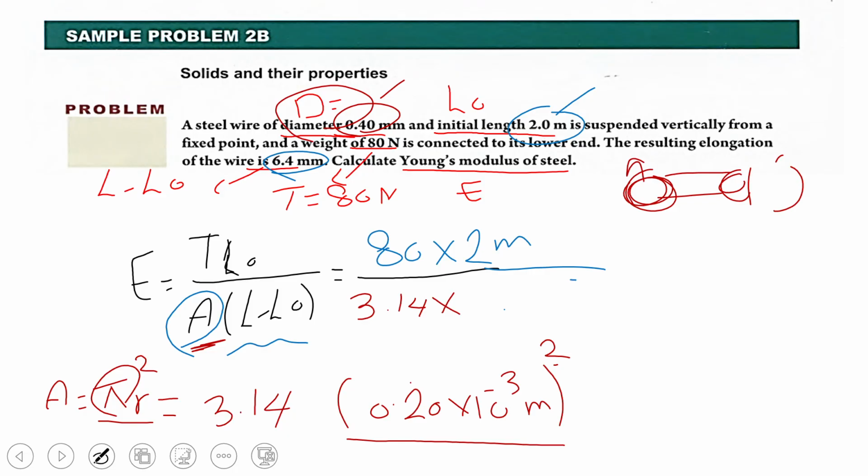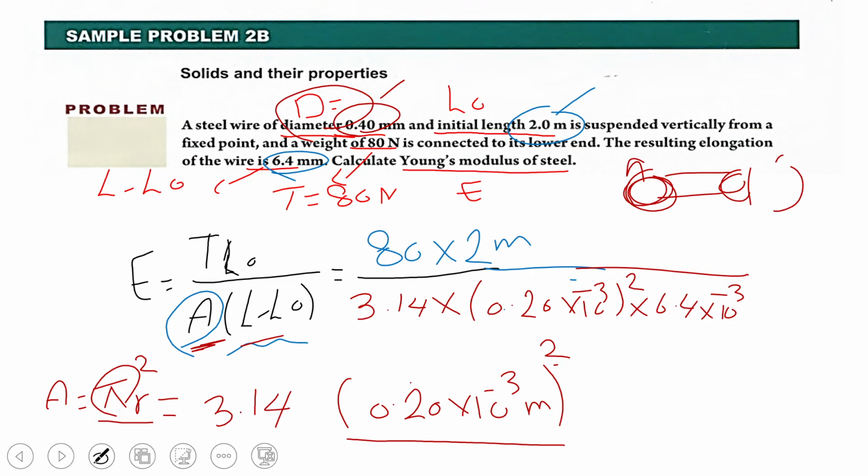The answer is 0.20 times 10 power negative 3, power 2, because r is square, times the elongation, we know, is 6.4 times 10 power negative 3.